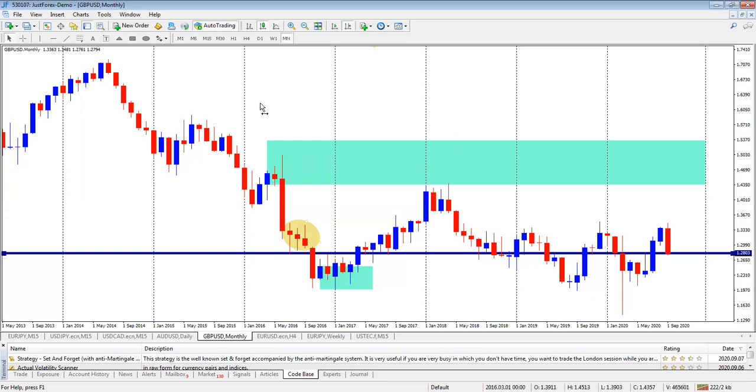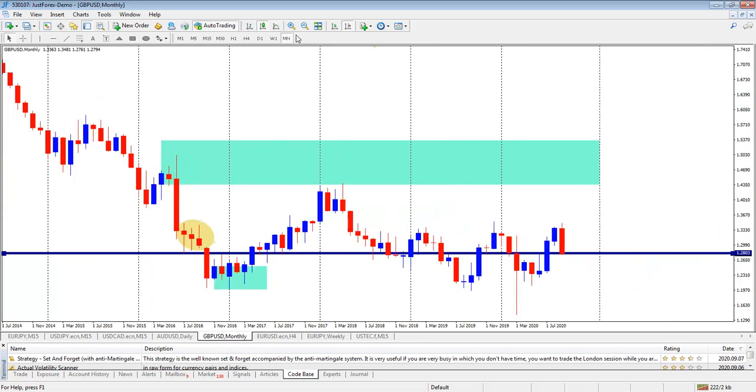This is a rally-based drop, supply and demand. Let me mark this one in purple.